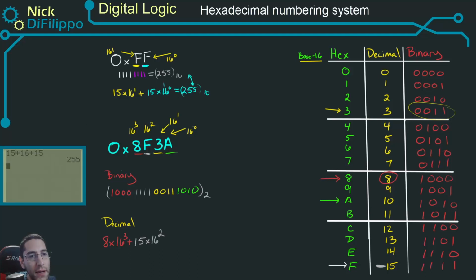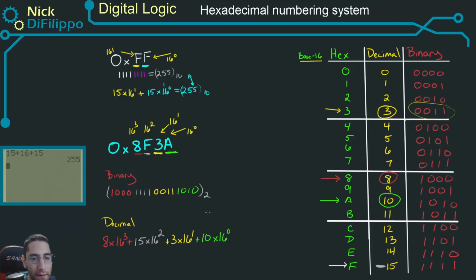Our next number is a 3, which is 3 in decimal, so plus 3 times 16 to the 1. And our last number is A, which is 10 in decimal, so plus 10 times 16 to the 0.